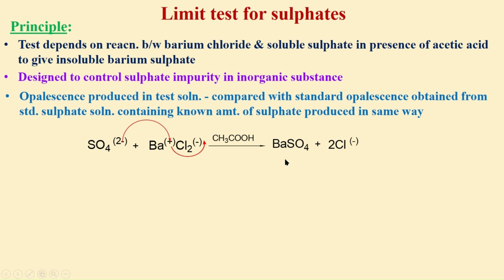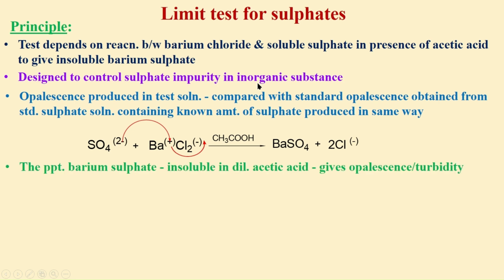The amount of barium sulfate formed depends upon the amount of sulfate ions present in the inorganic substance. And why are we using dilute acetic acid? The barium sulfate which is formed is insoluble in this dilute acetic acid.